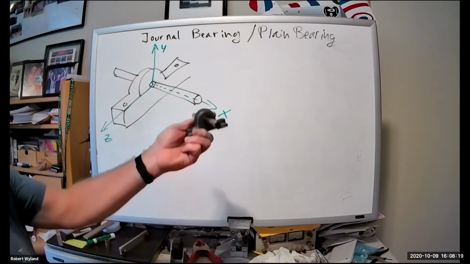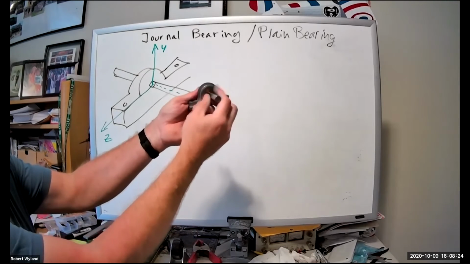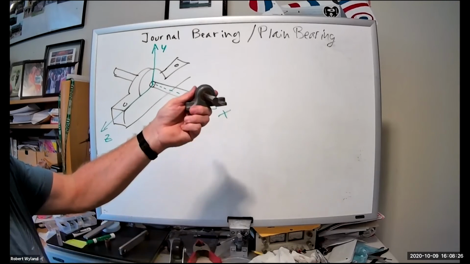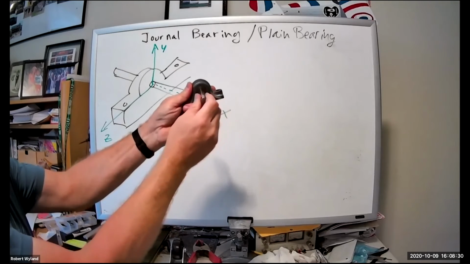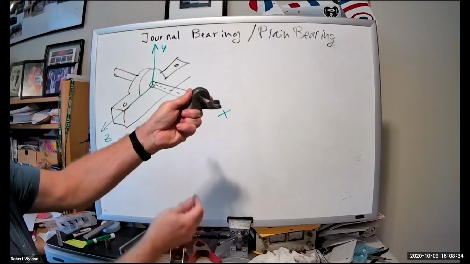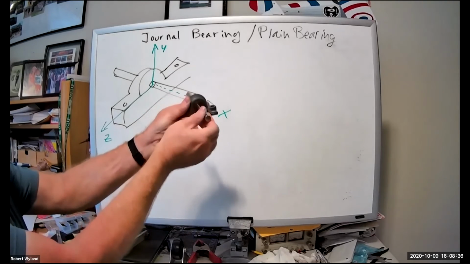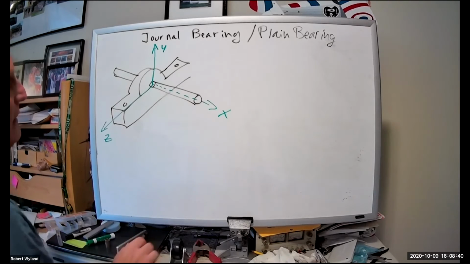Let's look at moments. Clearly, I can easily rotate this part about X. If I try and rotate it about Y, which would be this way, if the pillow block is mounted properly, it won't rotate. And again, if I try and rotate about Z, again, it won't rotate. So what do my reactions look like?